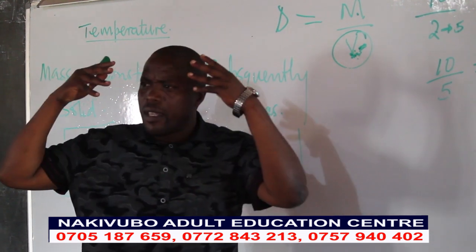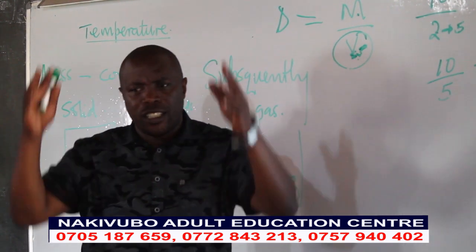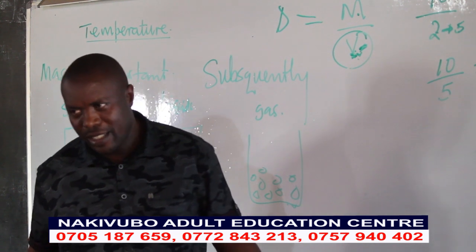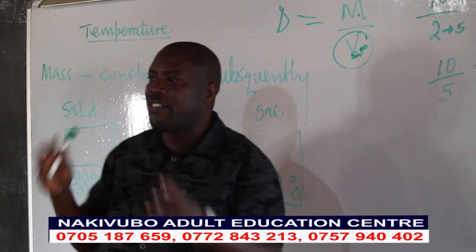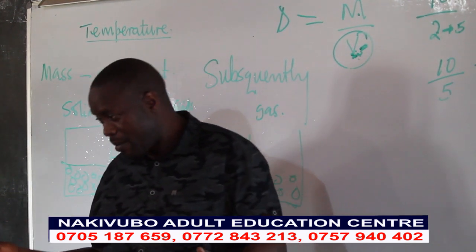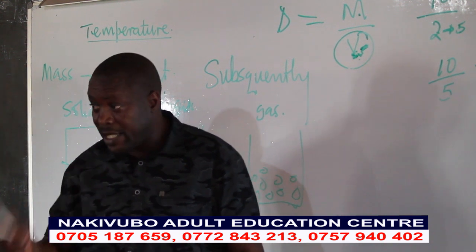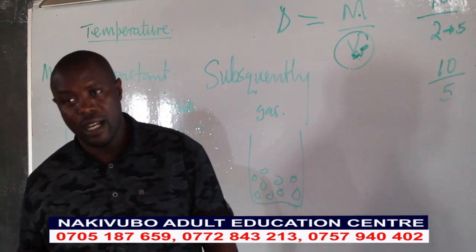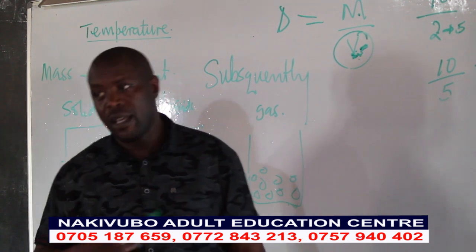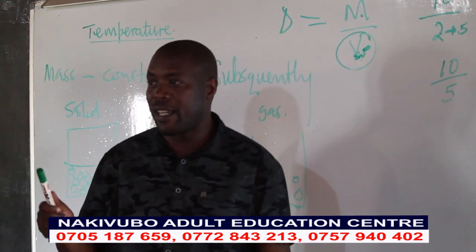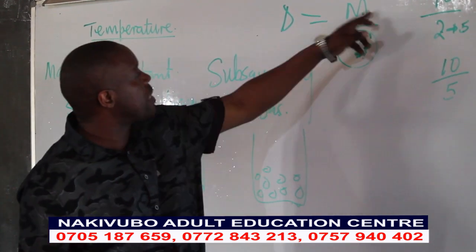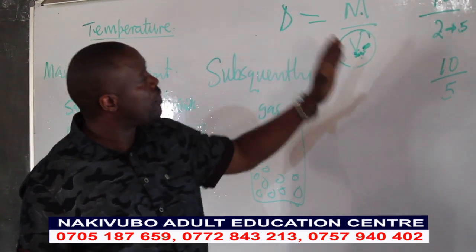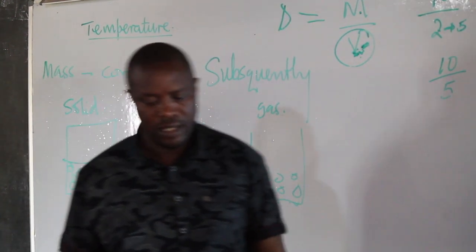If the material has a definite shape, we use the formula. If it doesn't have a definite shape, what do we use? Displacement method. We looked at this last week. After you have got mass and volume, substitute in the formula, you get density.